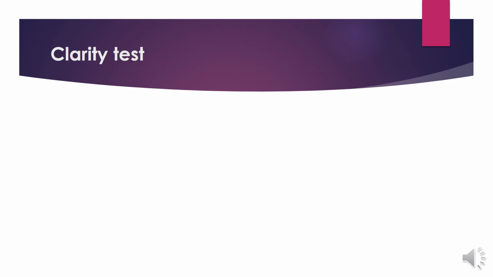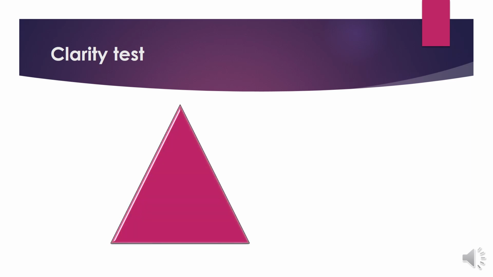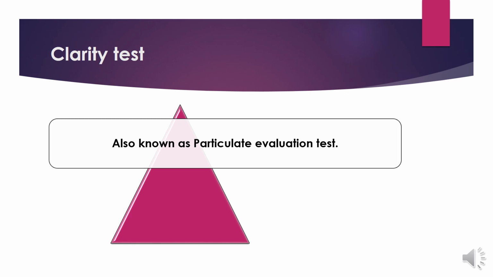So as discussed earlier, the clarity test is performed by checking the particulate matter in the sample. That's why this test is also known as the particulate evaluation test. It means the test in which we check the clarity by checking the presence or absence of particulate matter in the sample.